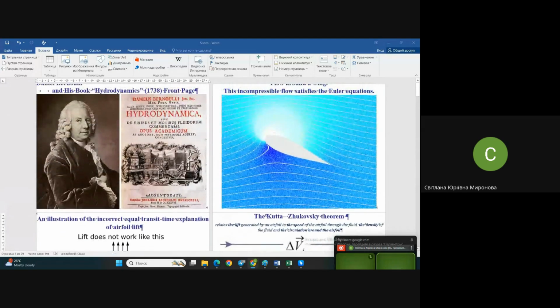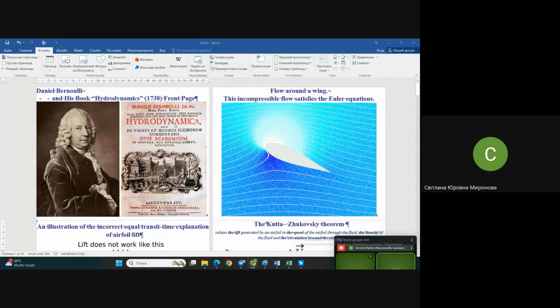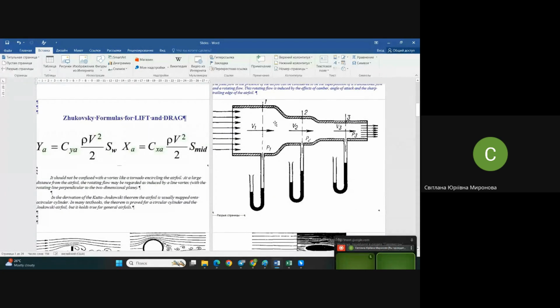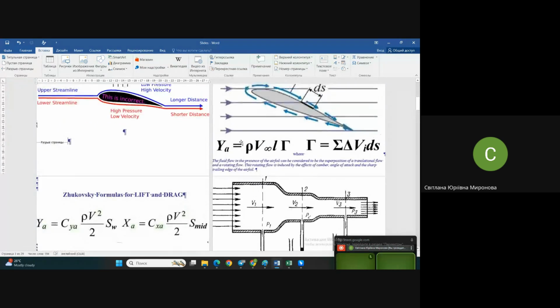First, we talked about Daniel Bernoulli, who stated the relation between pressure and speed in fluid flow. He studied different cross-sections in pipes and how pressure depends on speed inside these different cross-sections.